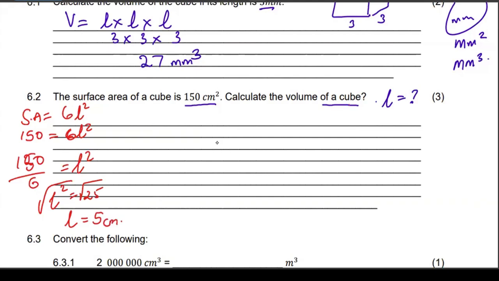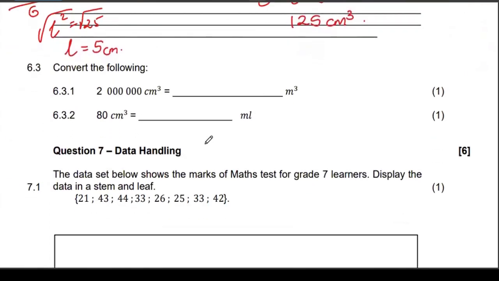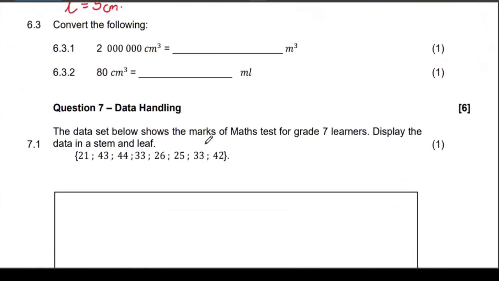But the question wants what? The volume. So volume is length times length times length, or someone can say length cubed. So it's a 5 times a 5 times another 5, which gives us 125 centimeters cubed.